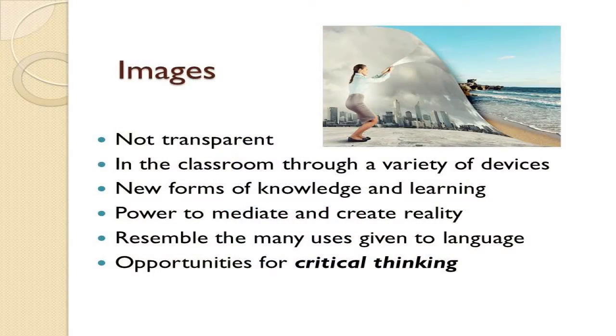As regards now images, we said that they accompany text, despite sometimes being subsidiary in terms of the relevance that they have in the text. We need to find good reasons to go beyond that perspective and to think of images in a whole new way. First of all, they are not transparent.